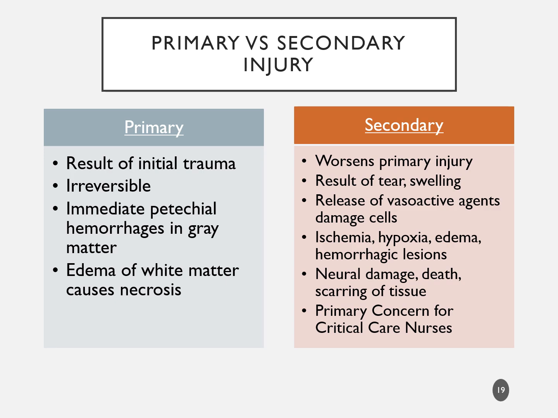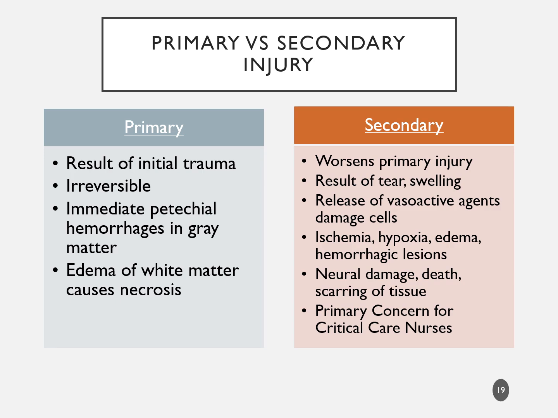And that secondary injury, again just like traumatic brain injury, is what we as healthcare workers are trying to prevent, because it's going to worsen that primary injury. It can be a result if there's a tear in the cord and now the impulses can't get through, blood can't get through, oxygen can't get through, and the cord can swell.